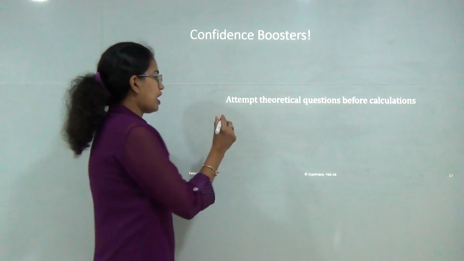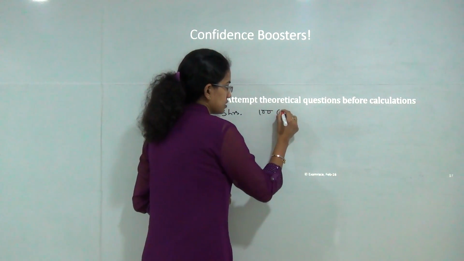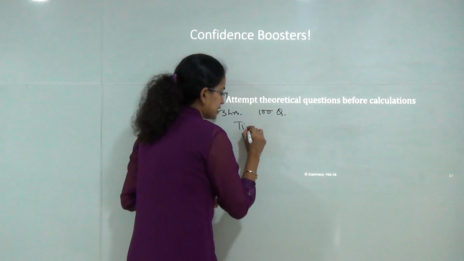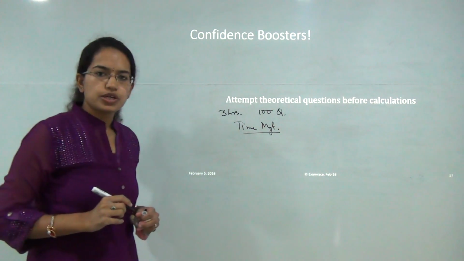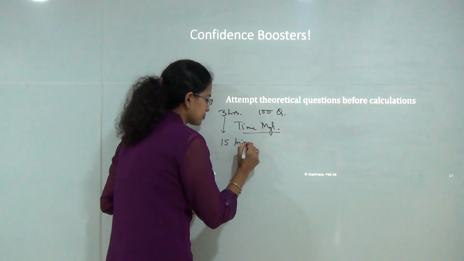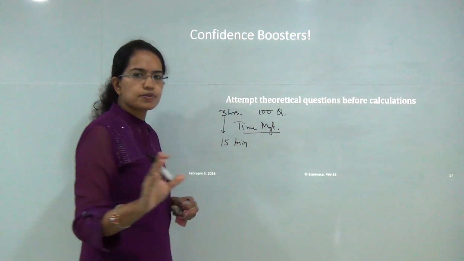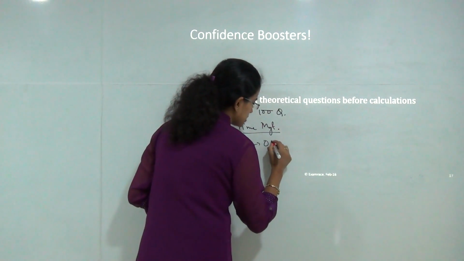Okay. Now if you have a paper of 3 hours and you have 100 questions, what is important is time management. You must be able to understand how much time to devote to each question and then keep the last 15 minutes. If it's a 3 hour or 2 hour paper, keep the last 10 to 15 minutes for marking the OMR sheet.